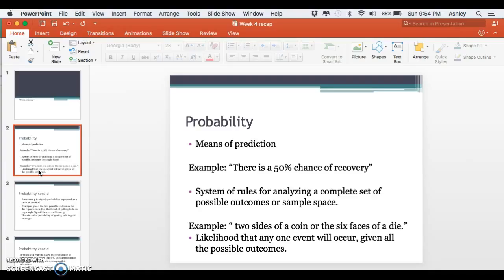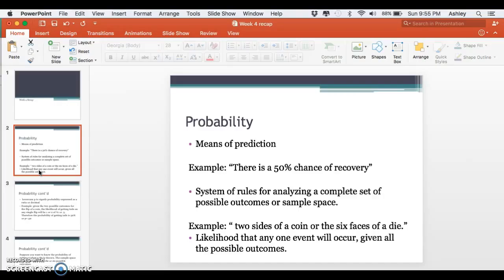Statistically, we can view probability as a system of rules for analyzing a complete set of possible outcomes, what we also call a sample space. So, for example, a sample space could represent the two sides of a coin or six faces on a die. I'm using this because this is what you often see when we describe probability for teaching purposes.